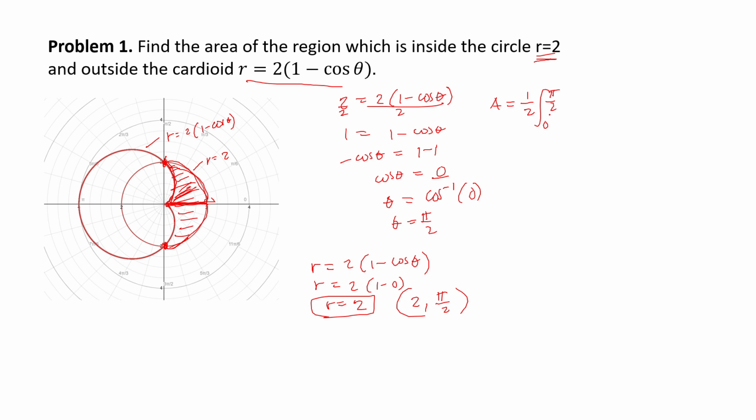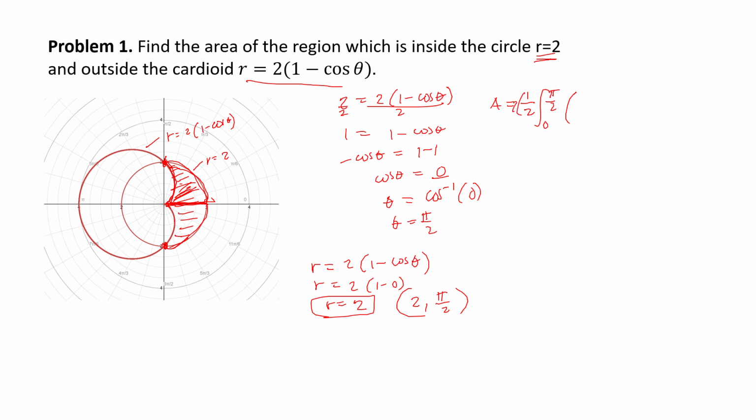So we have here 0 to pi over 2, and the first thing is we have to multiply it by 2 since we need to get the area of this one and the area of this one.